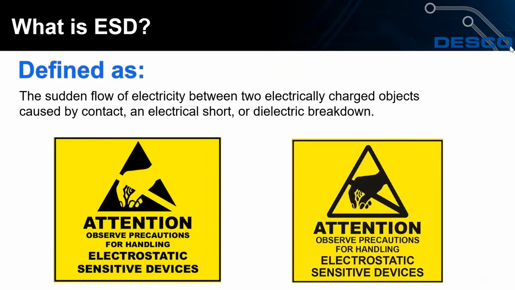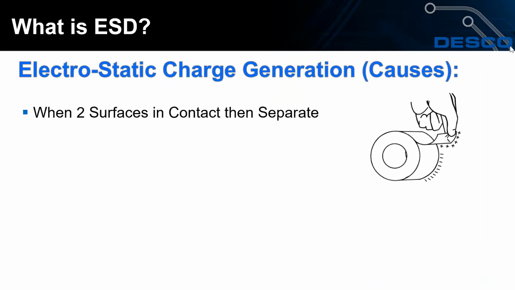These two symbols showing right now are typical static awareness or ESD awareness symbols that you might find on a sign on your wall, on a bench, on a cart, or something like that. These will alert you to the presence of static sensitive electronic devices in your environment.